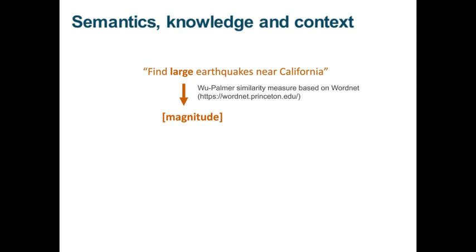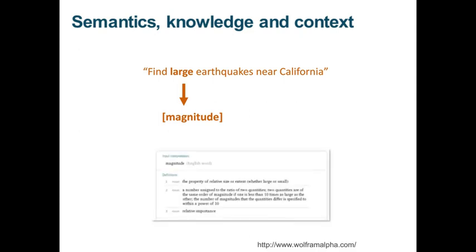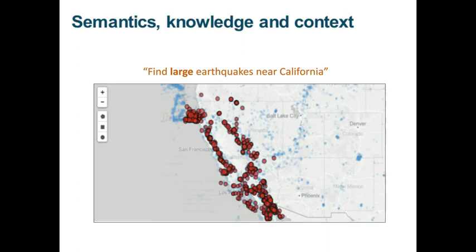Further, we can associate a range of magnitude values to the term large based on the description of the magnitude shown here in Wolfram Alpha. This leads to showing earthquakes of magnitude 5 and greater around California.